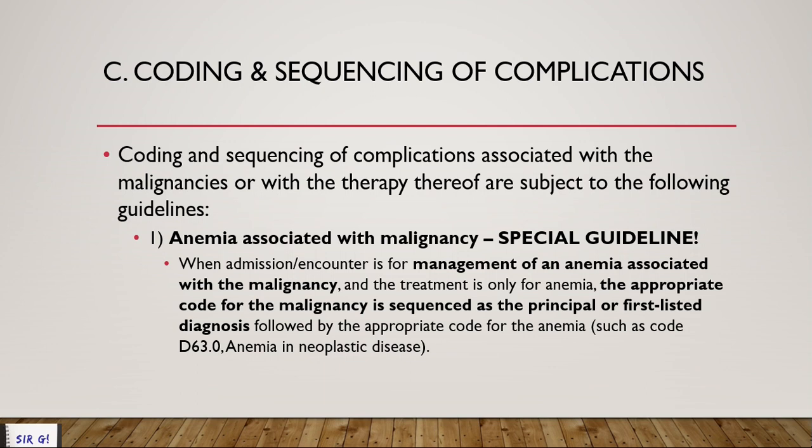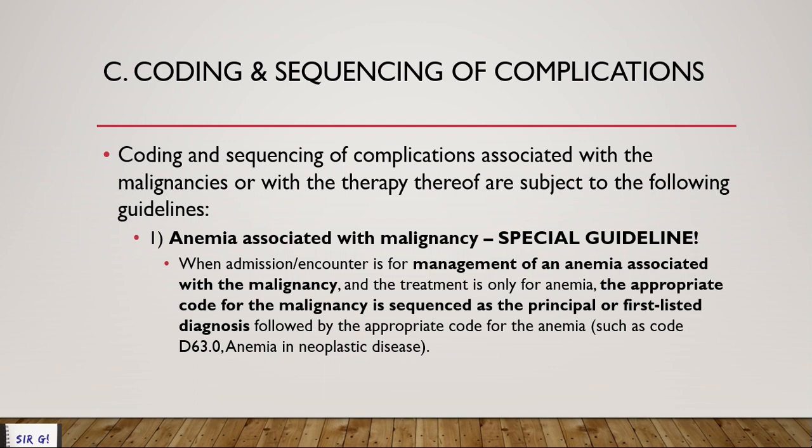When admission and encounter is for the management of anemia associated with the malignancy, remember, the reason for encounter is anemia. The treatment is only for anemia. The appropriate code for the malignancy is sequenced as the principal or first listed, followed by the anemia.